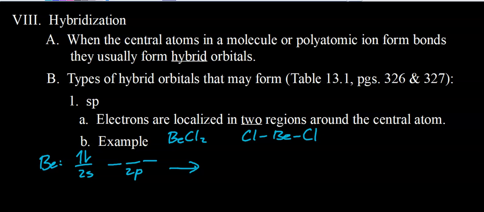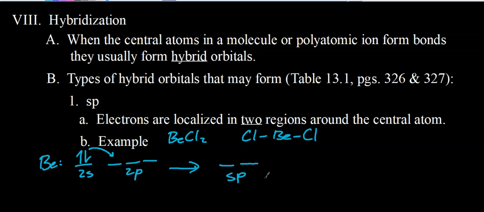So what happens is that one of the electrons from the 2s kind of goes here, but not really. The 2s orbital combines with one of the 2p orbitals to make two new orbitals called sp hybrid orbitals.